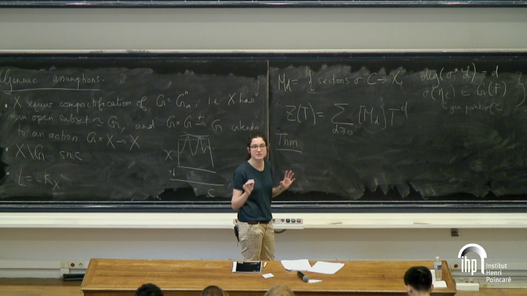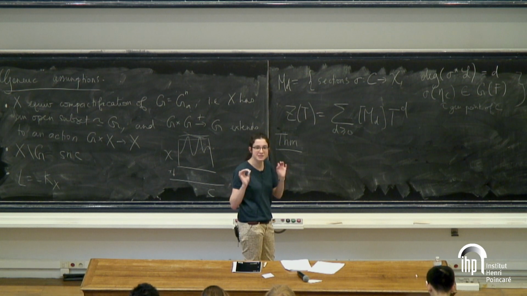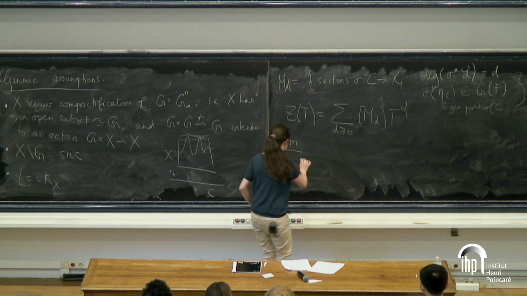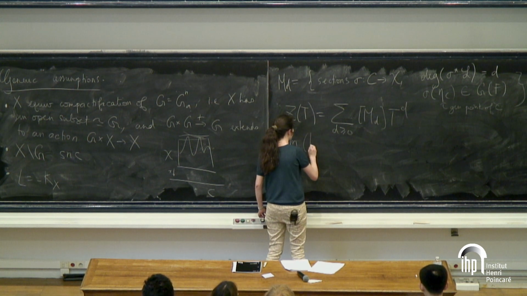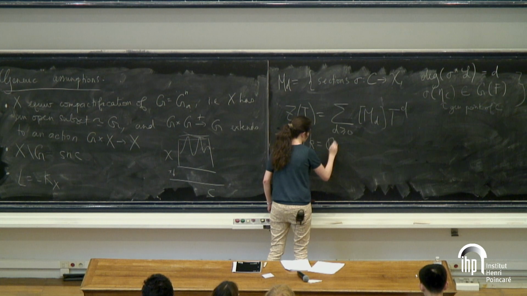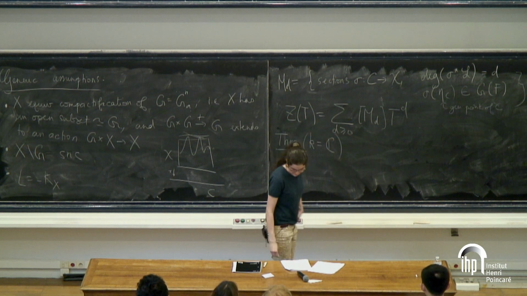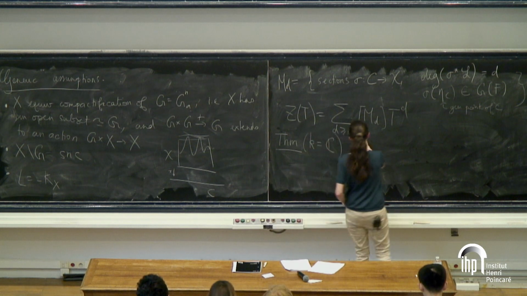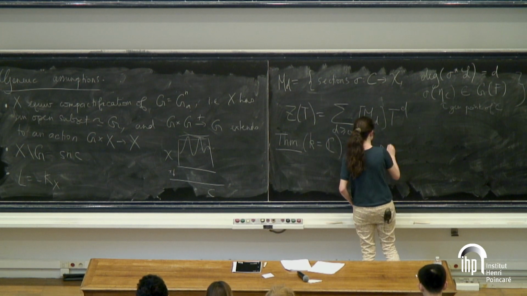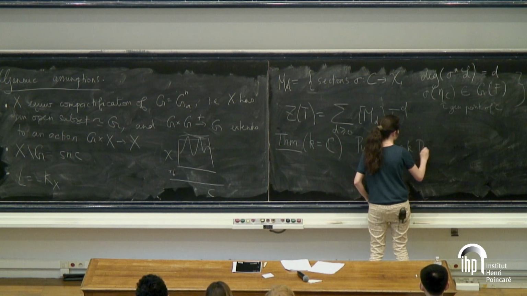It is a topology that's defined in a similar fashion, but it's a bit finer. But I'm going to explain this right after. Okay, so this topology is defined over C, so that's why for this theorem I am assuming K equals C. And I put R to be the rank of the Picard group of X.